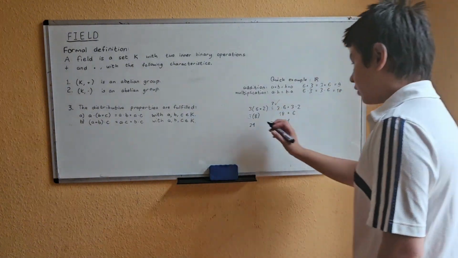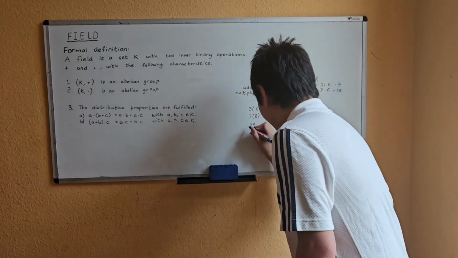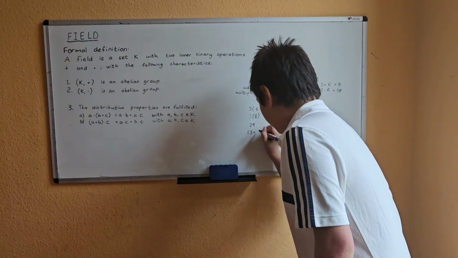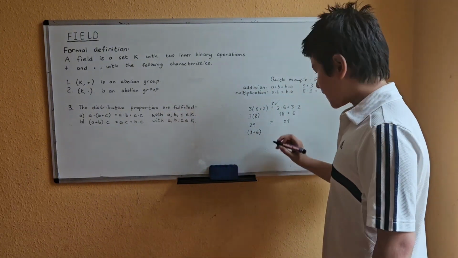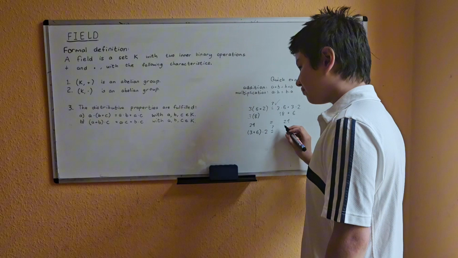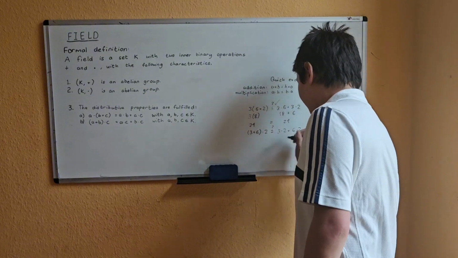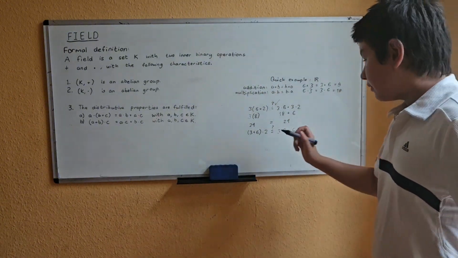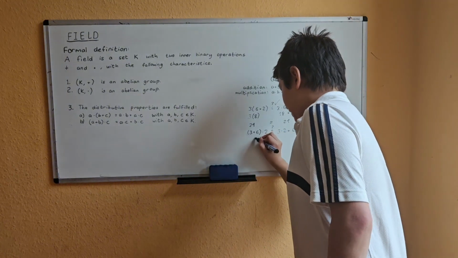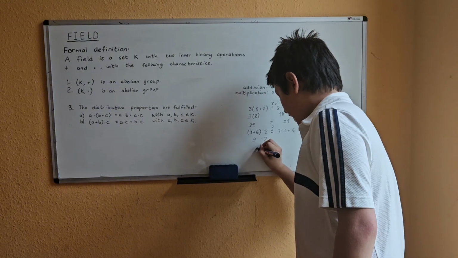And now we'll use 3, 6, and 2 again for the second distributive property. So is (3 plus 6) times 2 equal to 3 times 2 plus 6 times 2? Well, let's find out. 3 plus 6 equals 9 times 2 equals 18.